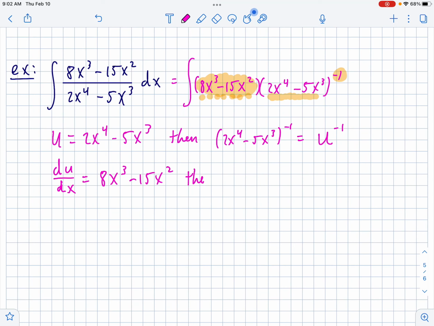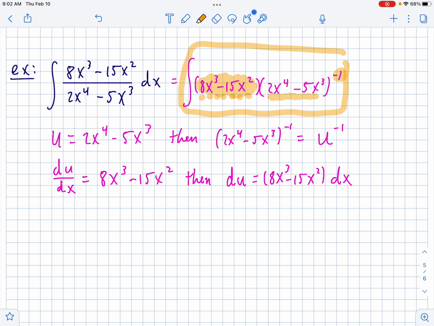And when I multiply both sides by dx, you get du is equal to 8x cubed minus 15x squared dx. So I can rewrite the rewrite of the original function into u to the negative 1 du. Oh, I forgot the dx on the end of that. Here we go. It was dx up here.